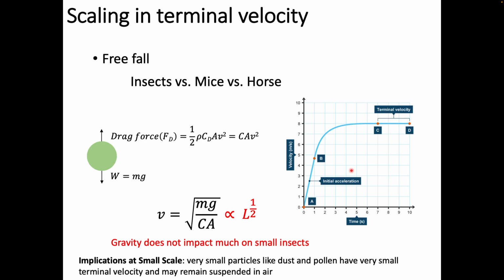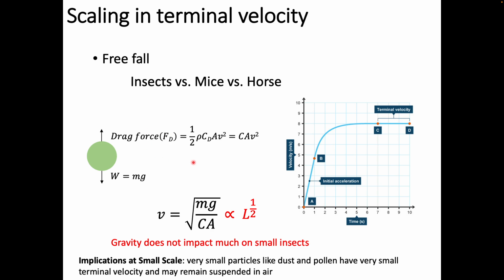And that is related again to the scale law. For example, if we drop an object from high altitude, initially the velocity increases with acceleration, right? And then it'll eventually reach terminal velocity, and that is due to drag force.